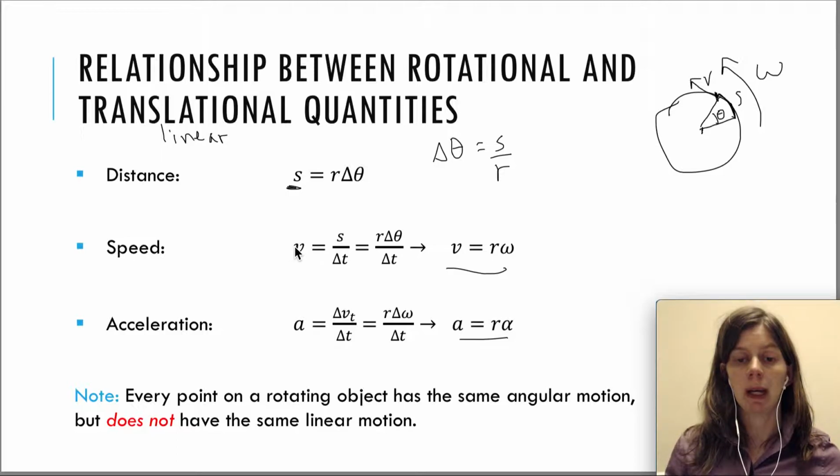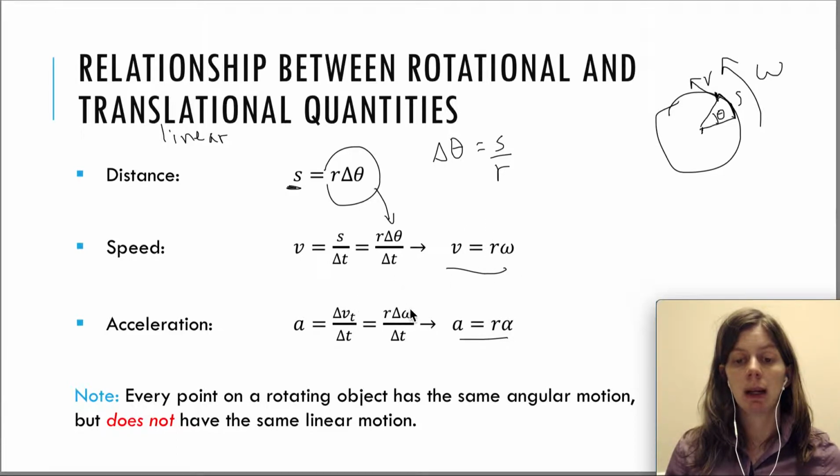So if you use that your speed is your distance per time, use the relation that we just found for the arc length, that distance, and then the theta divided by time becomes omega, and we now get r omega. Very similarly for the acceleration, which is a change in v over t, well, v we just saw was r omega.